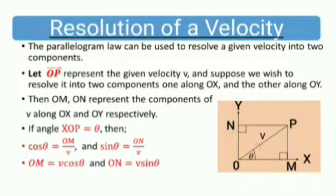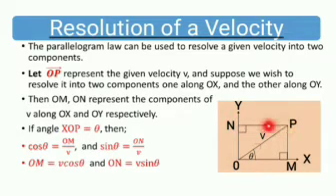respectively. To do this, we need to draw PM to OX, joining this point to this point, and then we need to draw PN perpendicular to OY. So this is PN and this is OY.